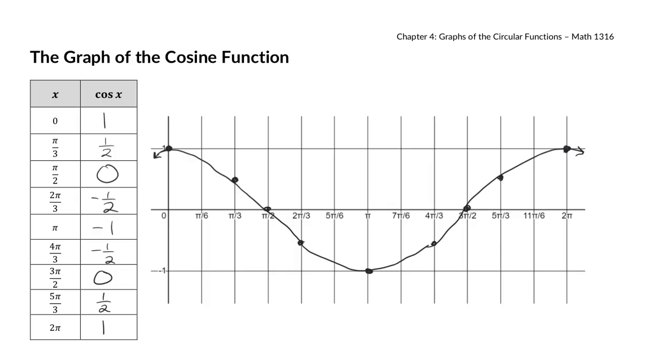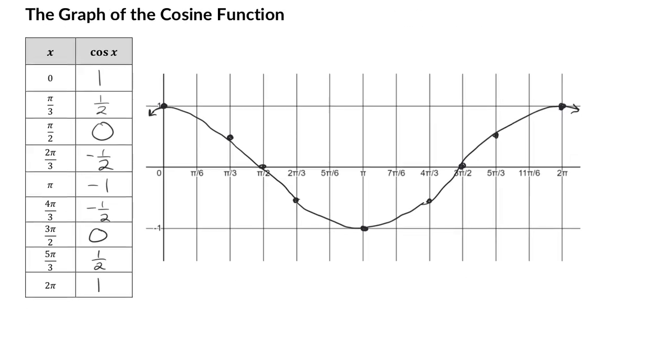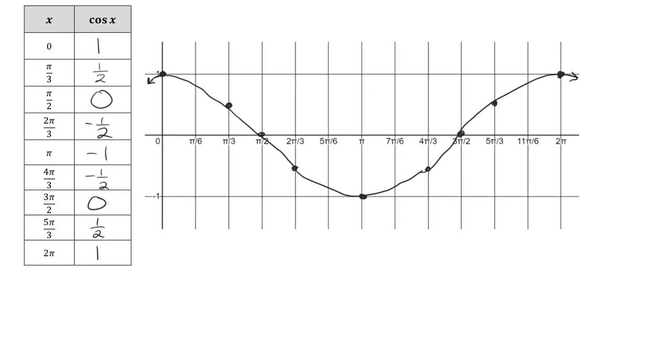So much like the sine function, the cosine function itself has a domain of all real numbers, because it would extend from negative infinity to infinity.